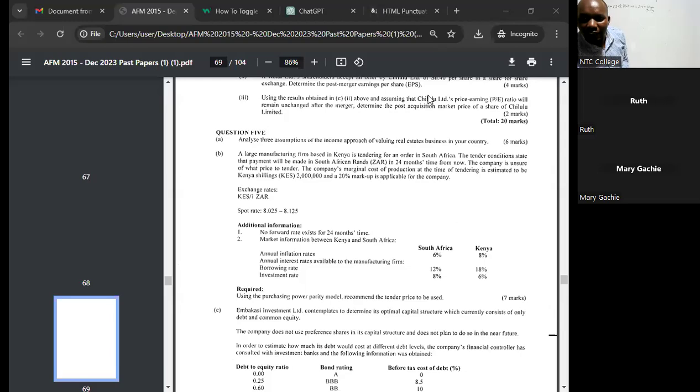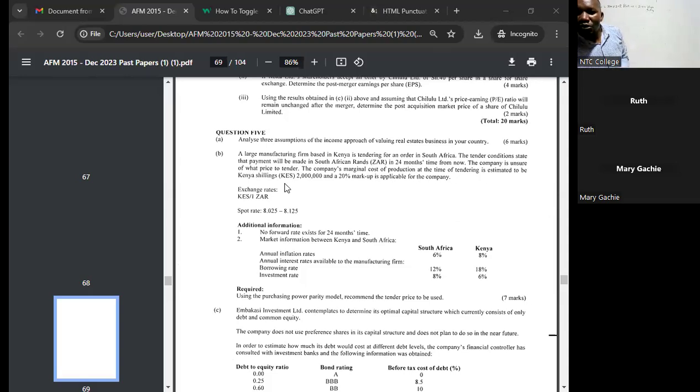They are saying that a large manufacturing firm based in Kenya is tendering for an order in South Africa. They want to supply something. The tender condition states that payment will be made in South African rands in 2 years' time. That is 24 months. So, of course, that is a forward rate.